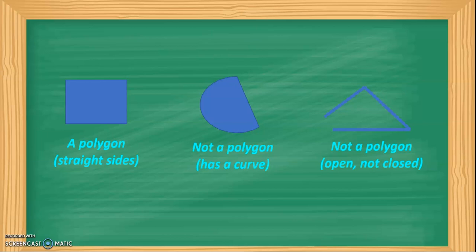Also, it must be closed. The one at the end, though the lines may be straight, is not closed. The very first figure is a polygon because all lines are straight and it is closed. So we should be able to identify a polygon when seen.